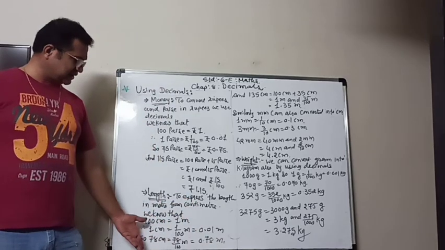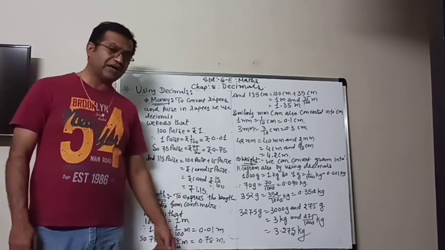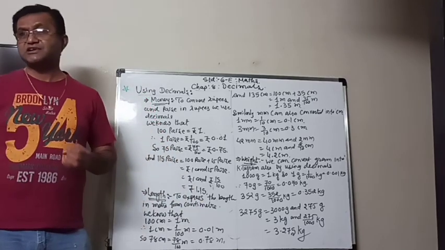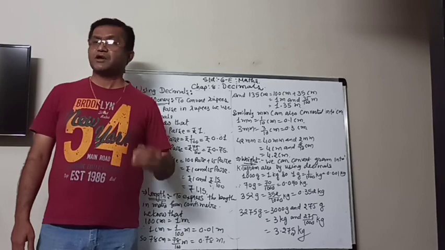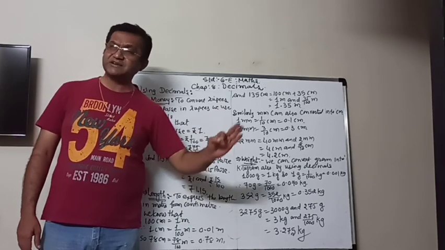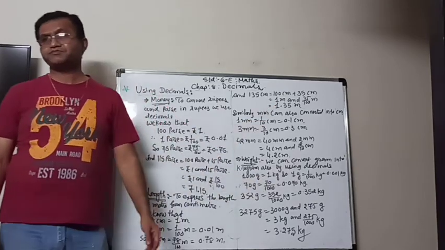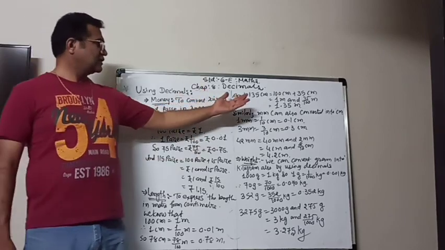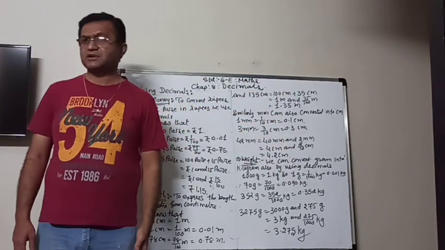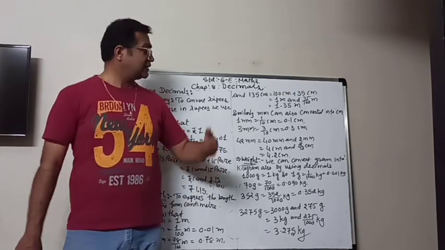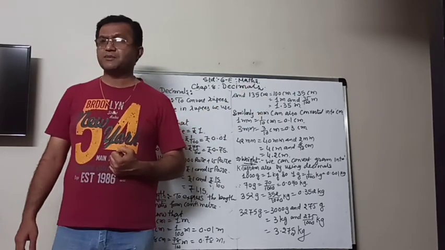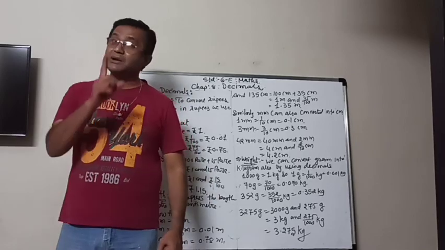So 78 centimeter is 78 upon 100, 78 hundredths of a meter, and therefore it is 0.78 meter. And then 135 centimeter. It means that it is 100 centimeter and another 35 centimeter. 100 centimeter is 1 meter.